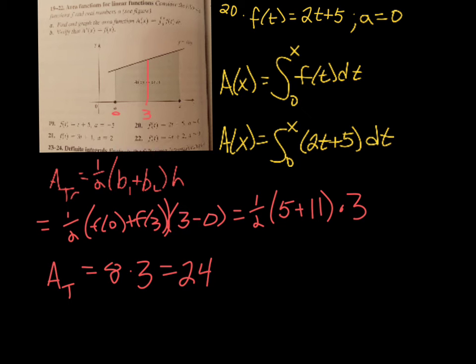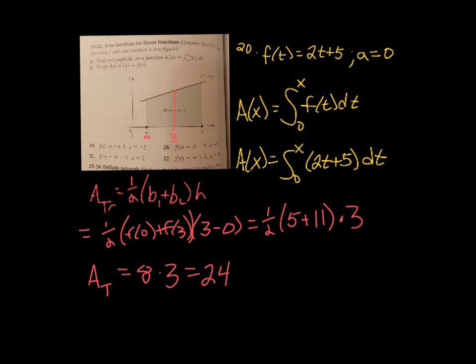To find our bases, we had to evaluate our function at the endpoints. That gave us our bases. So we evaluated at 0 and we evaluated at 3, added those numbers together, divided it in half because that's the formula for a trapezoid, and multiplied by 3.